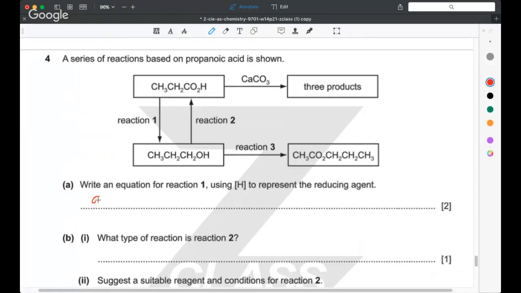Again, the critique from the examiner was that students wrote equations. We've got carboxylic acid here, propanoic acid, and the examiner is saying you can just use [H] to represent reduction. And that gives us, when we reduce a carboxylic acid, the corresponding alcohol, and water.